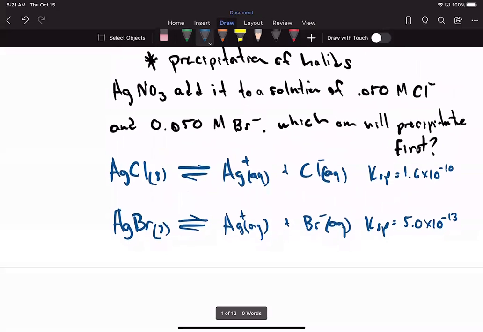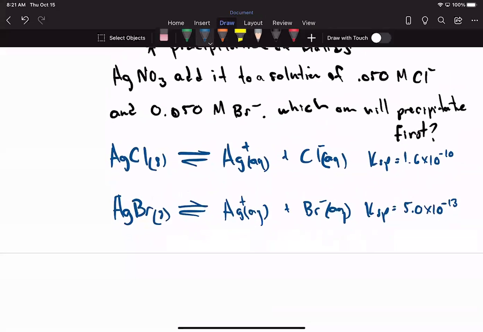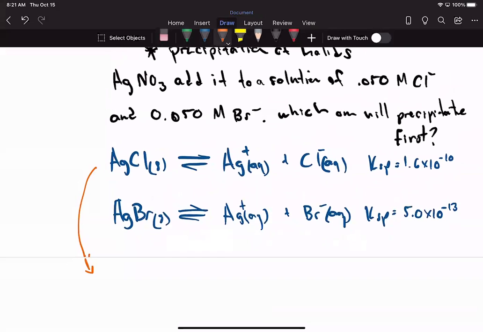Well, here we do know some concentrations, right? Looking at the very first reaction, the KSP is equal to the concentration of silver ions times the concentration of chloride ions.